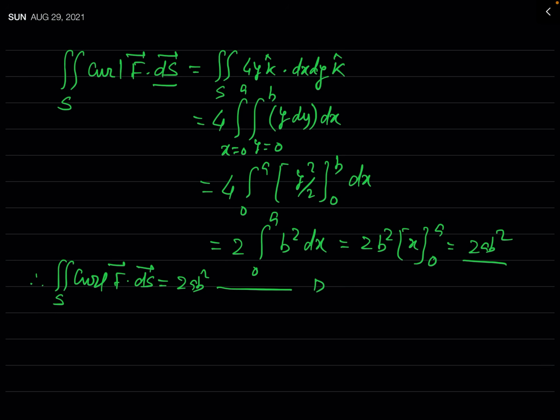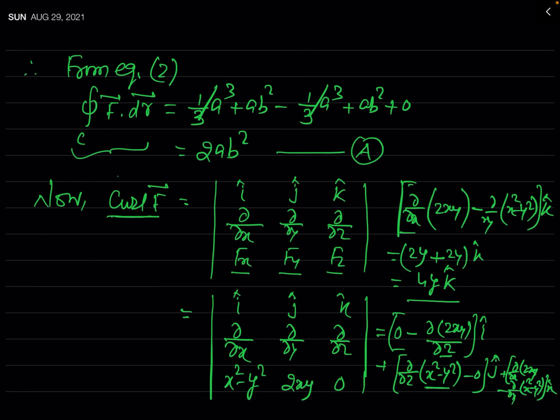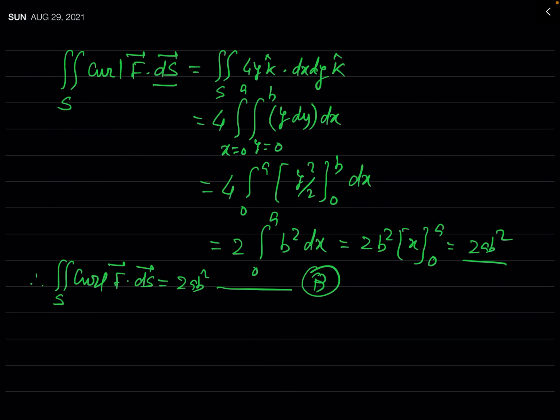Now you can compare equation a and equation b. In equation a, you can see this tangential line integral is equal to 2ab square, and in equation b, this surface integral is equal to 2ab square.